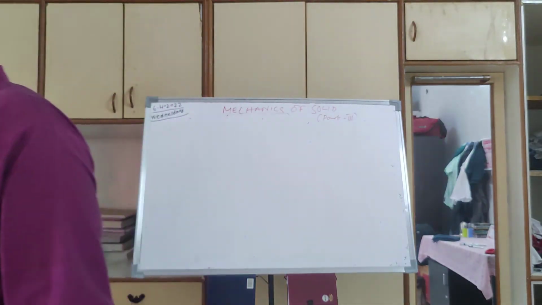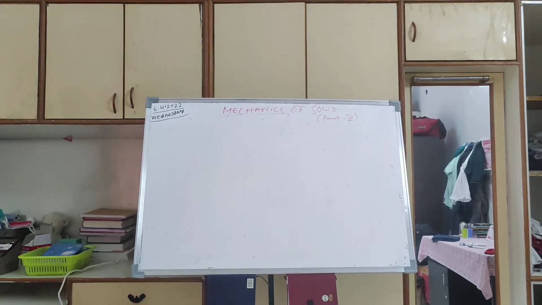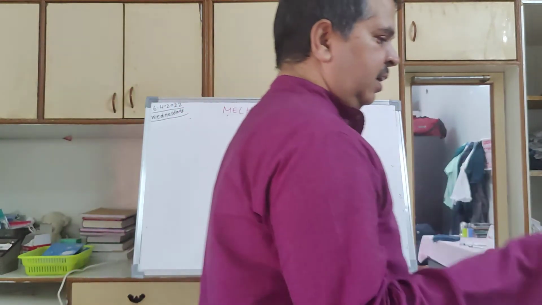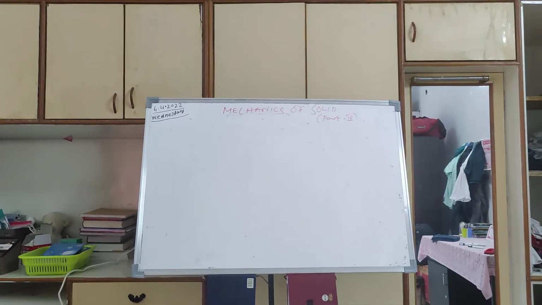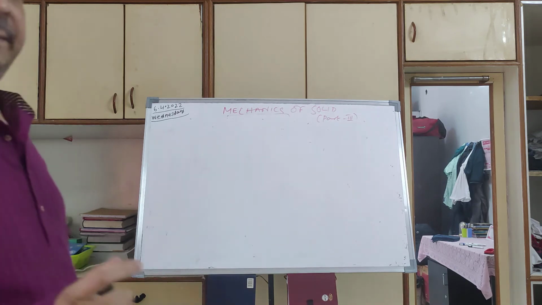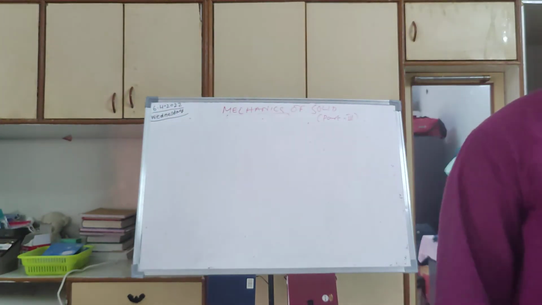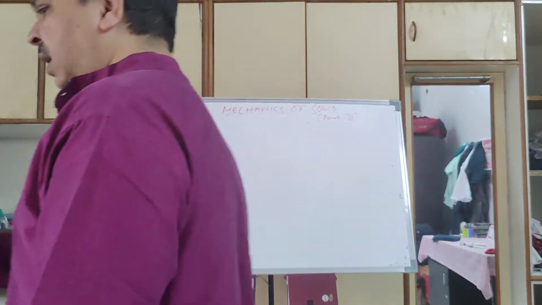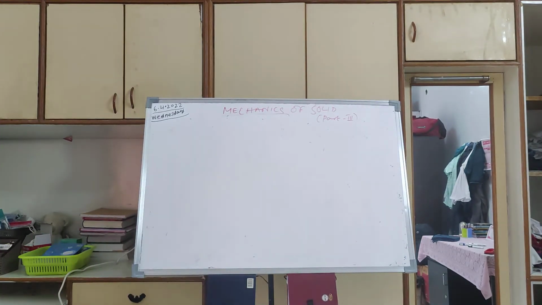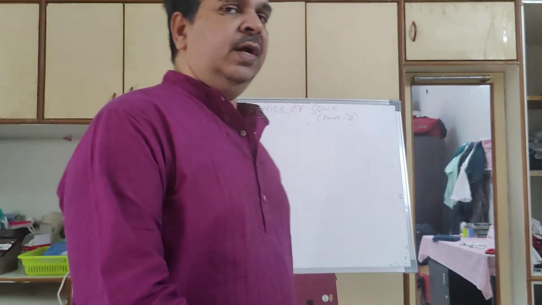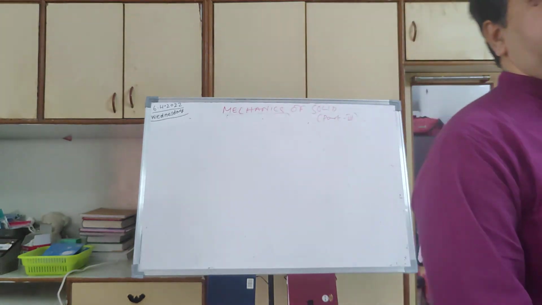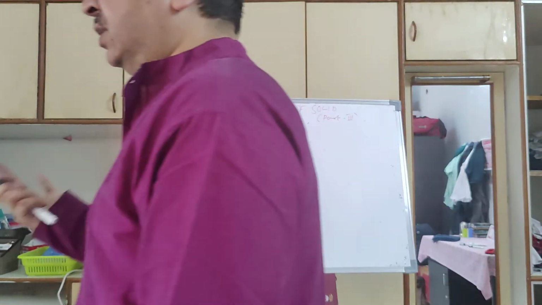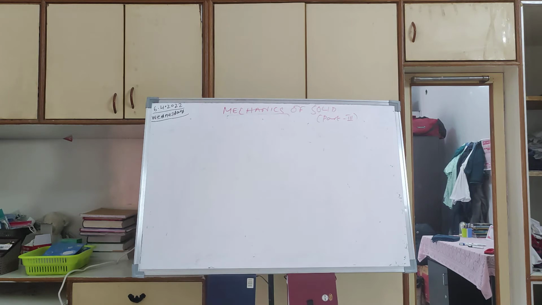Fluid mechanics is a must: equation of continuity, Bernoulli's equation, very simple. Then vector algebra, dot product, cross product, which I have taught. Those are very simple formula-driven numericals. Those you should never leave. Write down all the formulas on your white paper and memorize them. I am not asking you to memorize anything blindly, because if you know the concept, it will be easy. First understand the derivation, understand the concept, then memorizing things will be very easy.